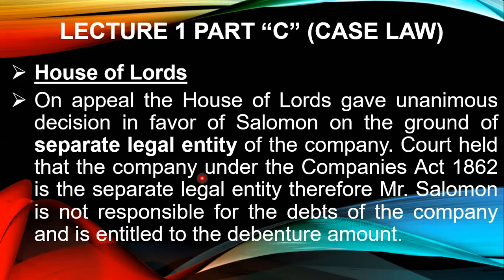This is a new thing for most of you, that if you deal with a company and suffer any loss or injury, you cannot file a suit against the directors or against the shareholders; you will file a suit against the company. So that is the end of today's lecture.